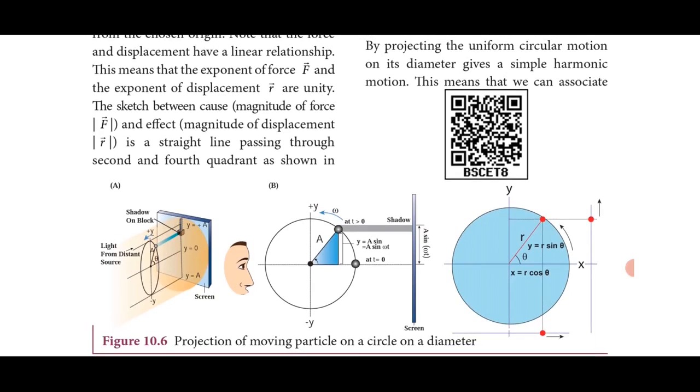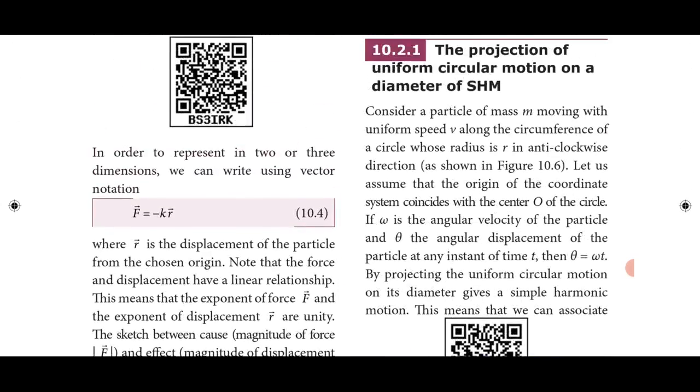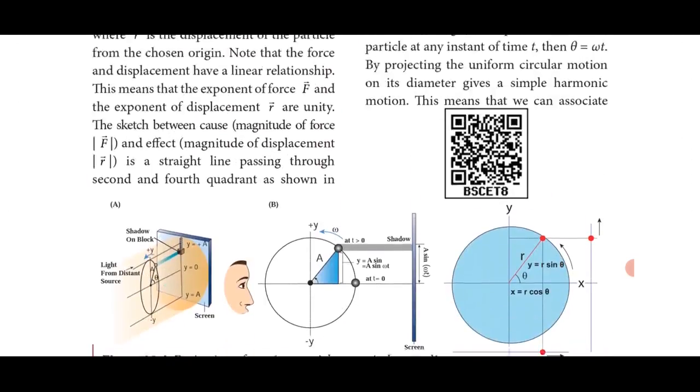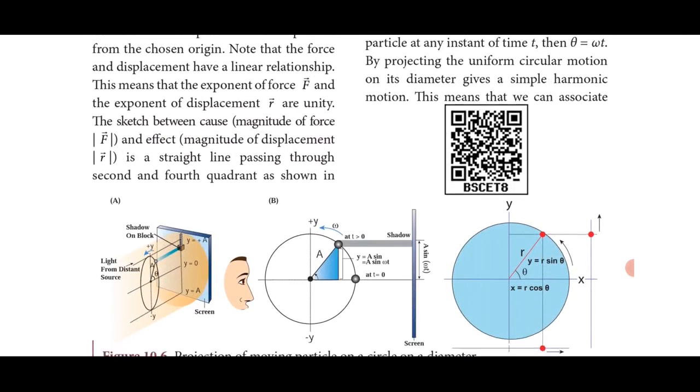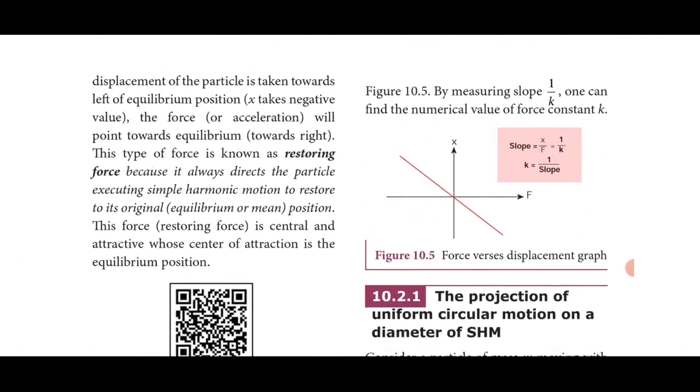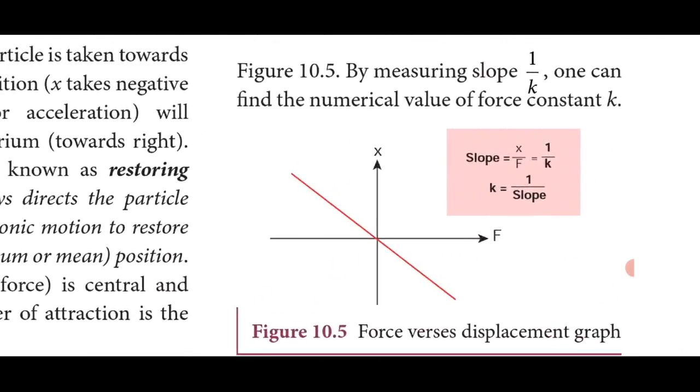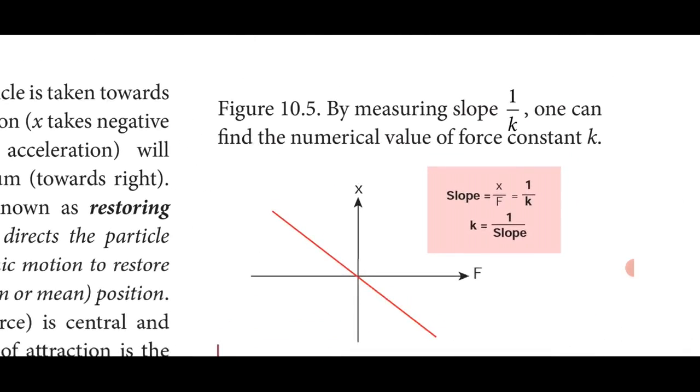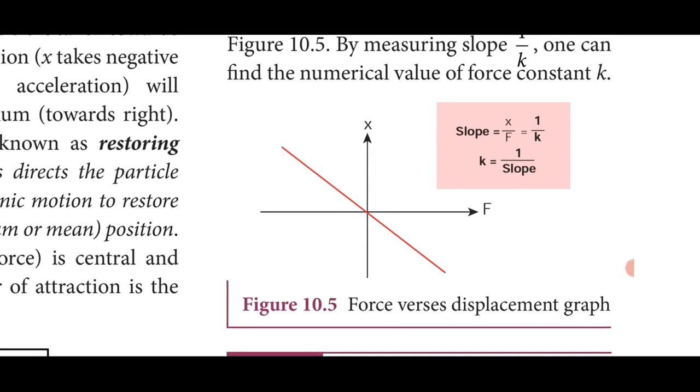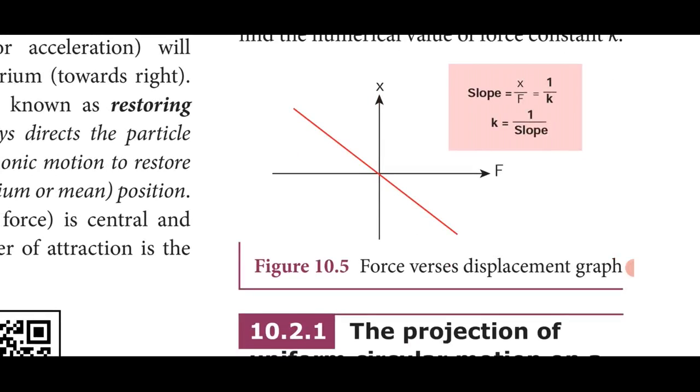So the graph between the magnitude of the force and the magnitude of the displacement is a straight line passing through the second and the fourth quadrants, as given in the diagram. See here, by measuring the slope, that is 1 by k, one can find the numerical value of the force constant. So k is equal to 1 by slope, slope is equal to x by F, that is 1 by k. So this is simple harmonic motion.